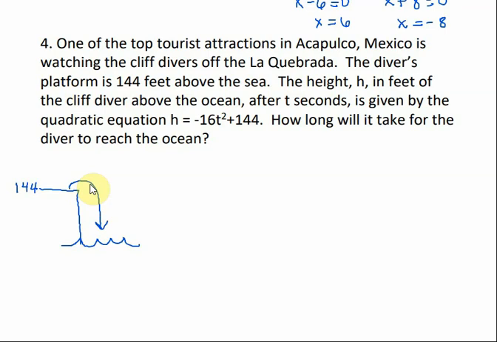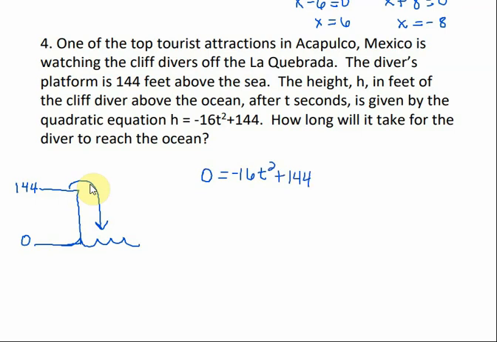So here the height is 144. When they reach the ocean, what would the height be? 0. So they want to know how long it'll take for the diver to reach the ocean. So in this equation, when we reach the ocean, our h would be 0. So we can replace the h with 0, and then we only have one variable. So we can solve this equation.